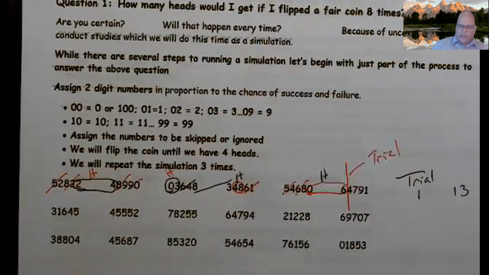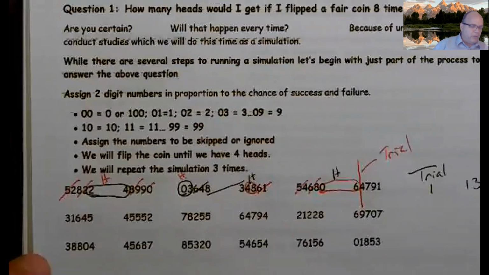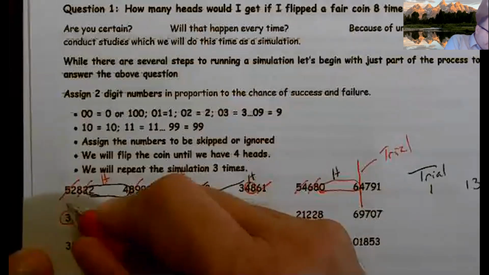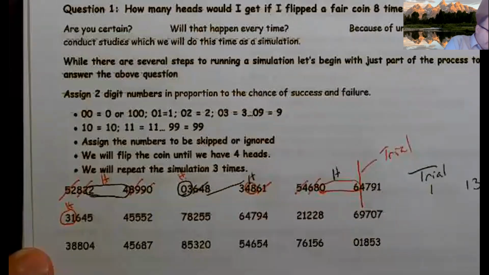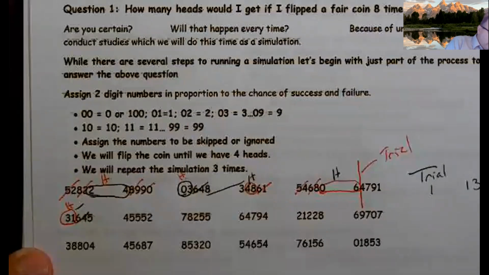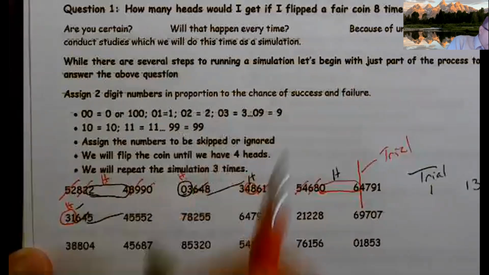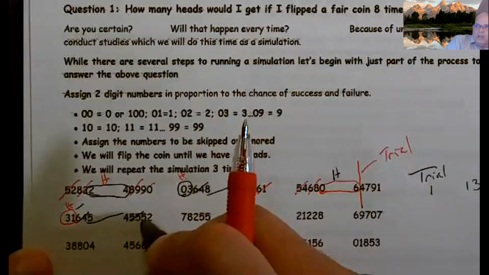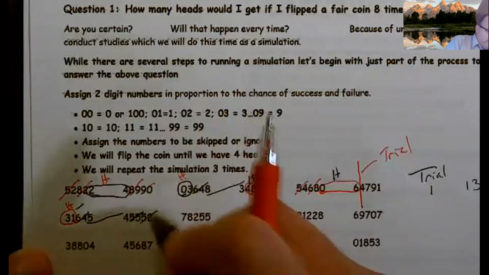So let's try this again. Let's see if I can not switch colors as much. Well, the first number happens to be a 31, so that's a heads. Then we have a 64, which is not a heads, a 54, not a heads, a 55, not a head, a 52, which is not a head.